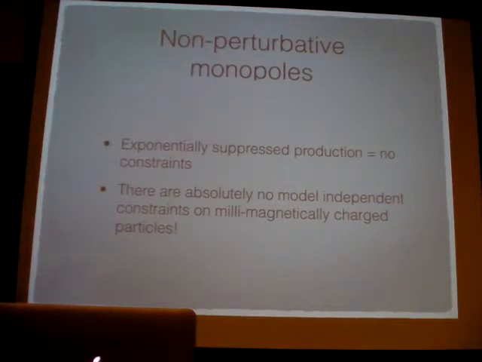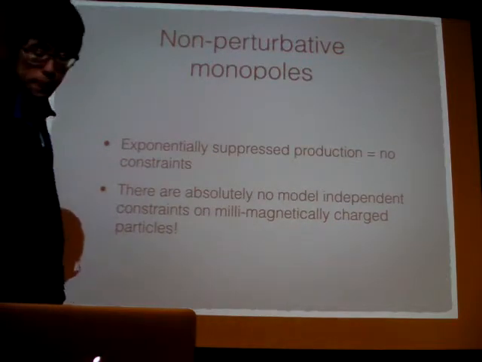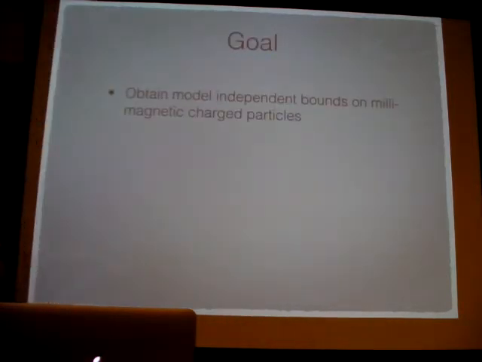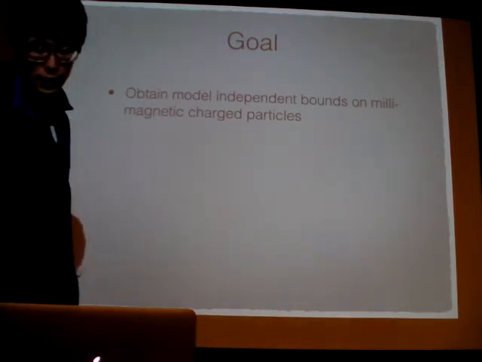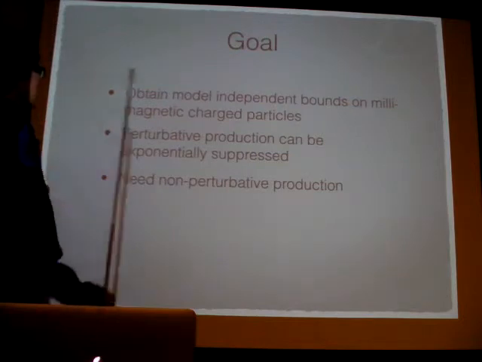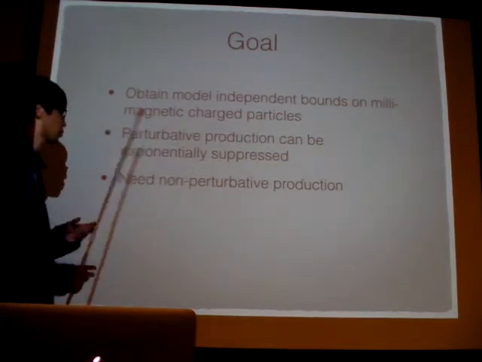As of right now, there are essentially no model-independent constraints on these millimagnetically charged particles because they could be exponentially hard to produce. My goal is to obtain model-independent bounds on these, but perturbative production can potentially be exponentially suppressed.